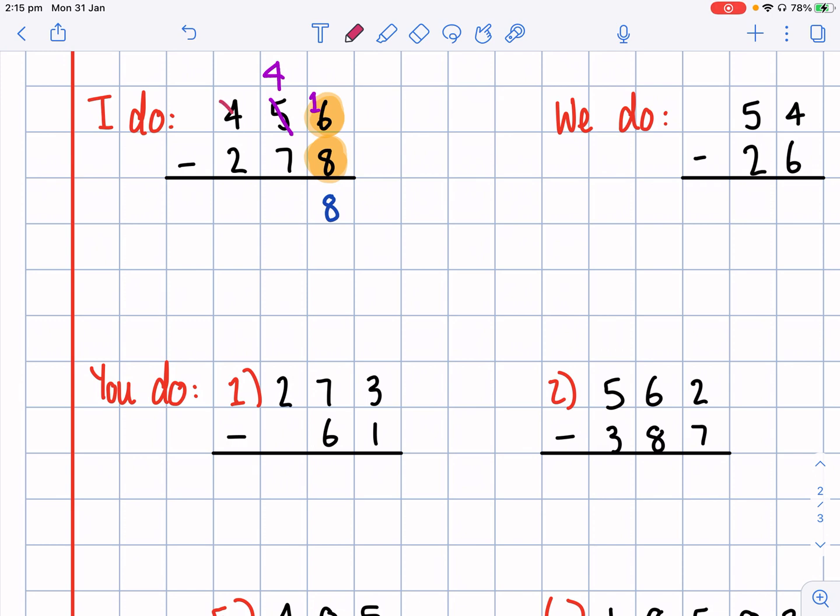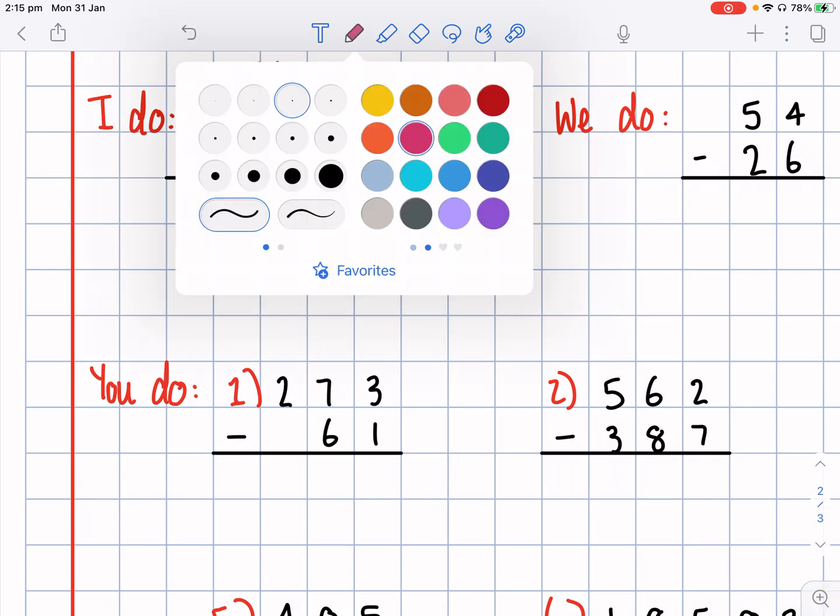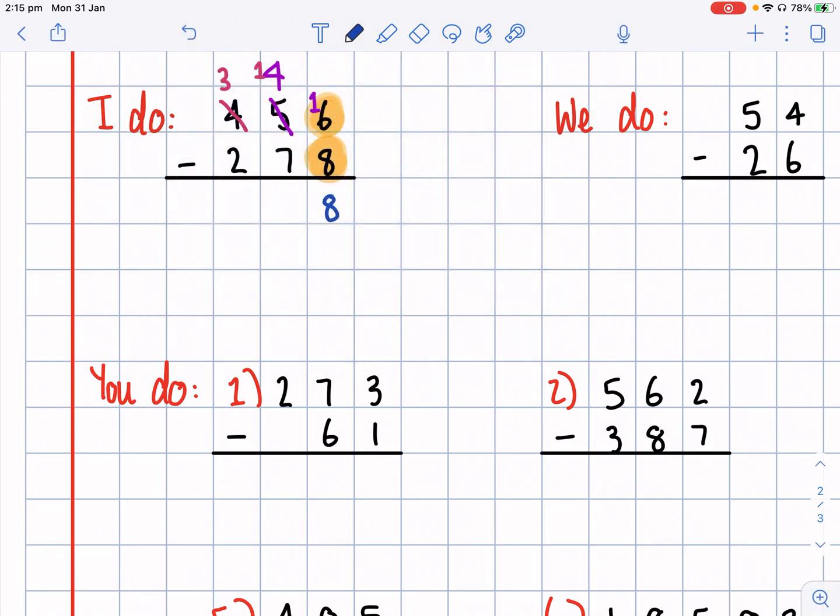This is going to be a 3, which makes this 4 a 14. Now 14 minus 7 is 7. Okay, now let's look at that final column. 3 minus 2, finally, that is one we can do. 1. The answer was 178.